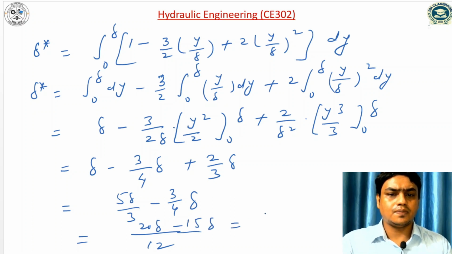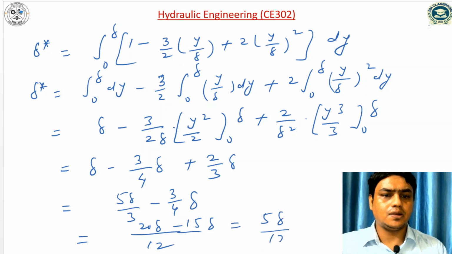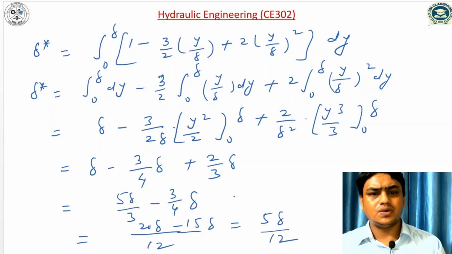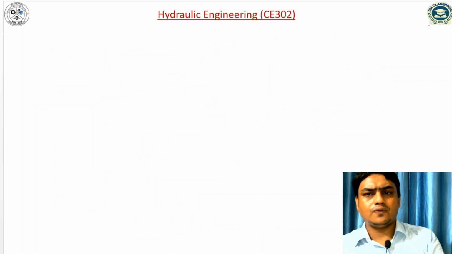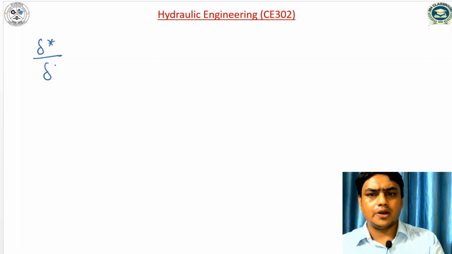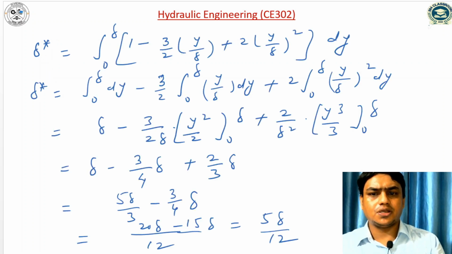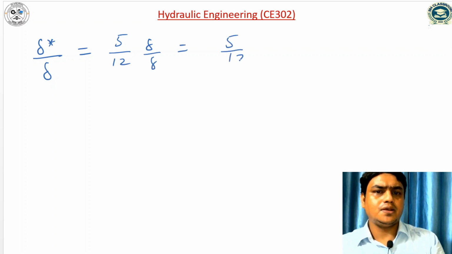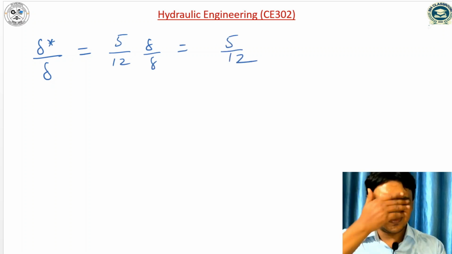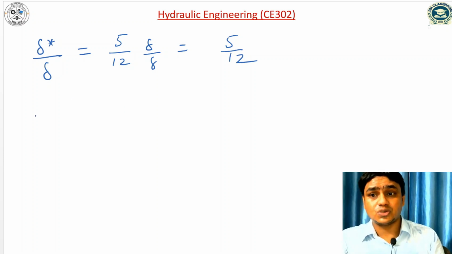So it is coming 5 delta by 12. So we have to take the ratio of displacement thickness to the boundary layer thickness. So the displacement thickness is 5 by 12 delta. So if I take 5 by 12 delta by delta, it is coming 5 by 12. So second problem I have solved.